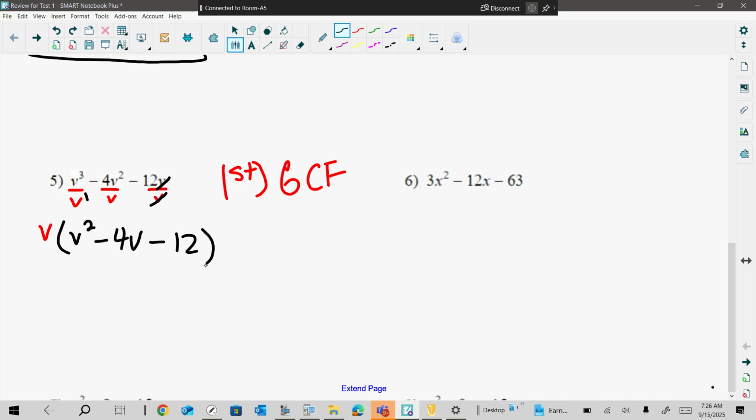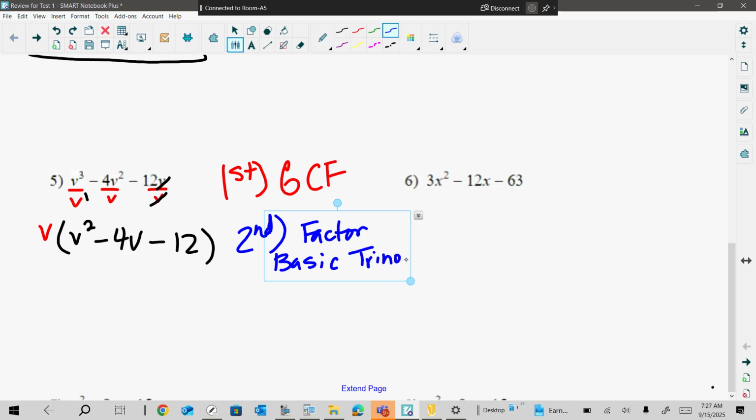Now that we have the trinomial, this is a basic trinomial in the form of x squared plus bx plus c.